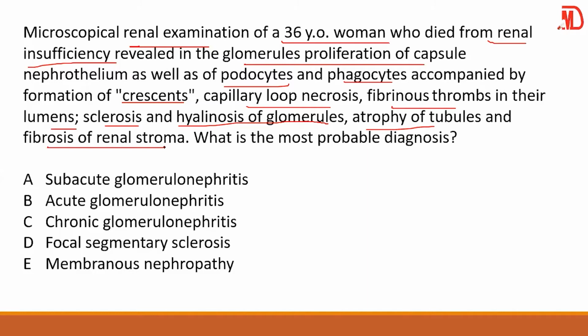Usually we do not have a clear-cut difference between the acute and the subacute. But acute is like what happens within a few days. Subacute can take some days and even weeks to happen, and it has a progressive form.